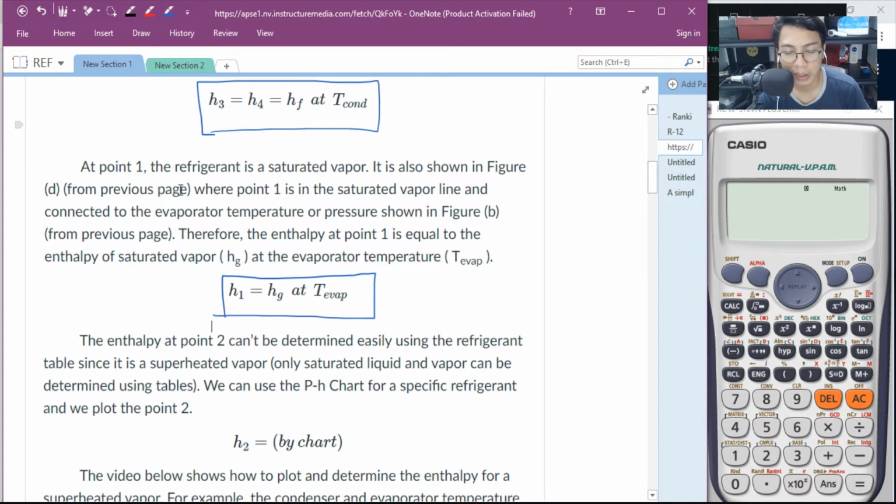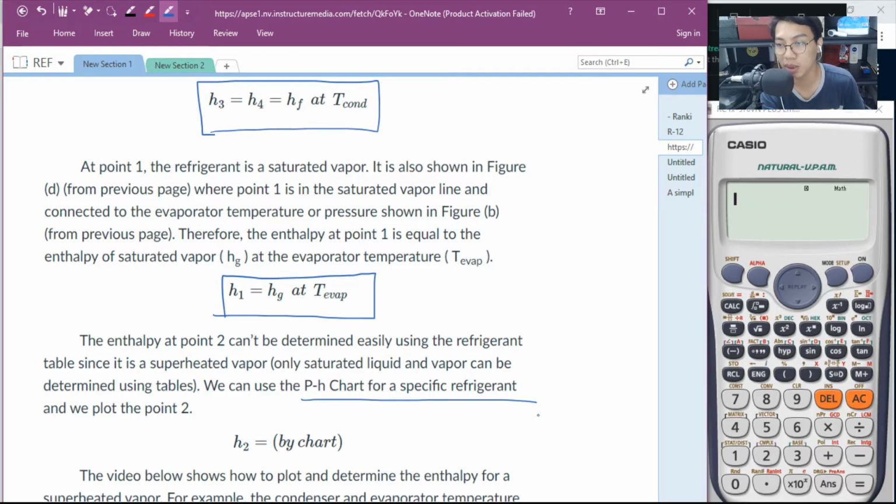Now, the problem here is the enthalpy at point 2 that can't be determined easily using the refrigerant table since it is a superheated vapor, but you will be given a chart. We can use the pH chart of the specific refrigerant. Either that is R12, R22, and NH3. But along the way, I will tell you something.